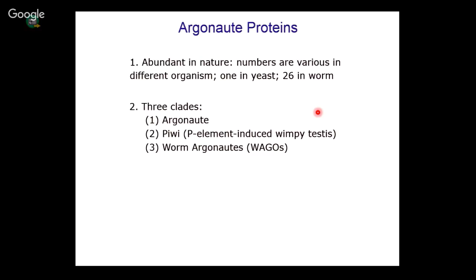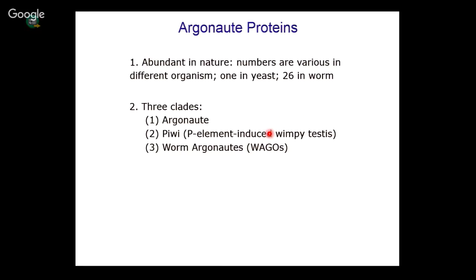So how many Argonaute proteins are there in nature? In human, there are 8 Argonaute proteins, 4 AGO and 4 PIWI proteins. It differs in different organisms. In yeast, there is only 1 Argonaute, but in the worm C. elegans, there are 26 Argonautes.